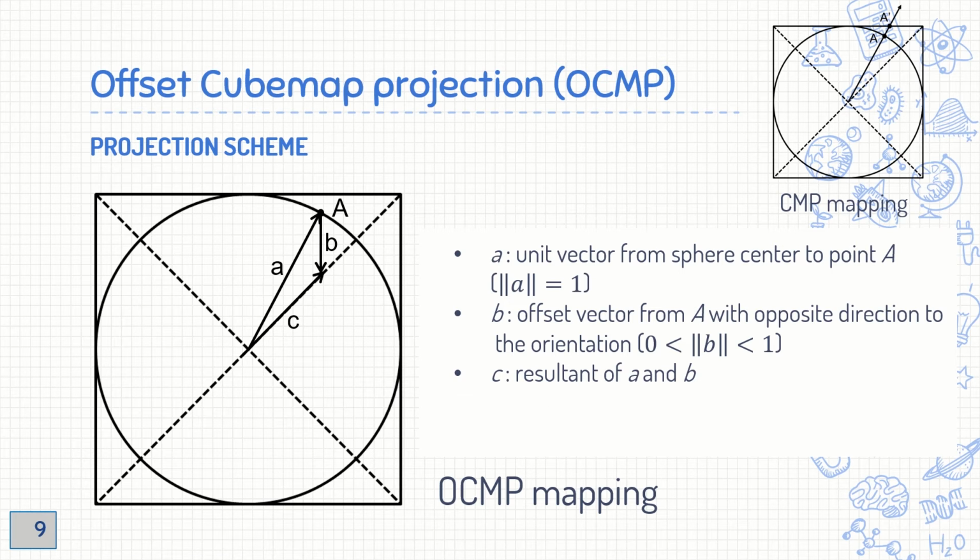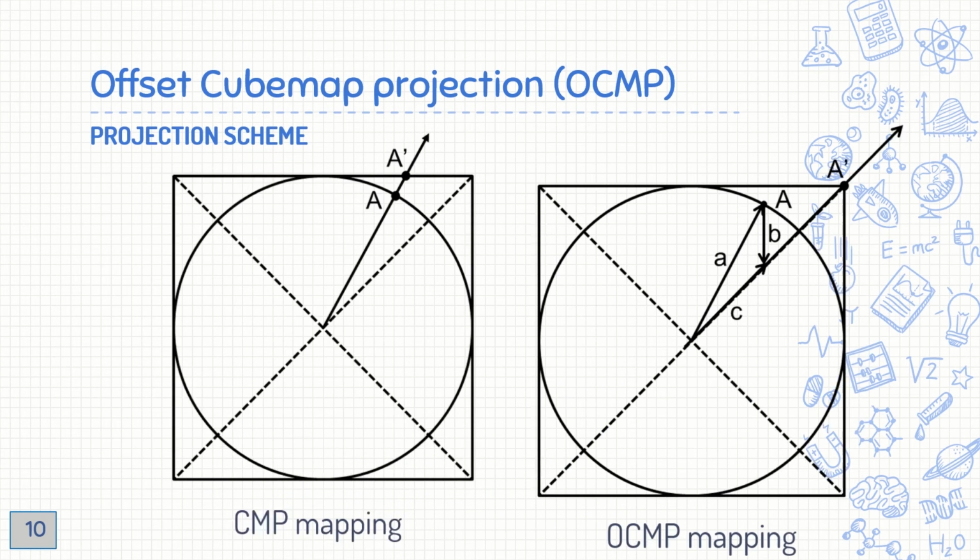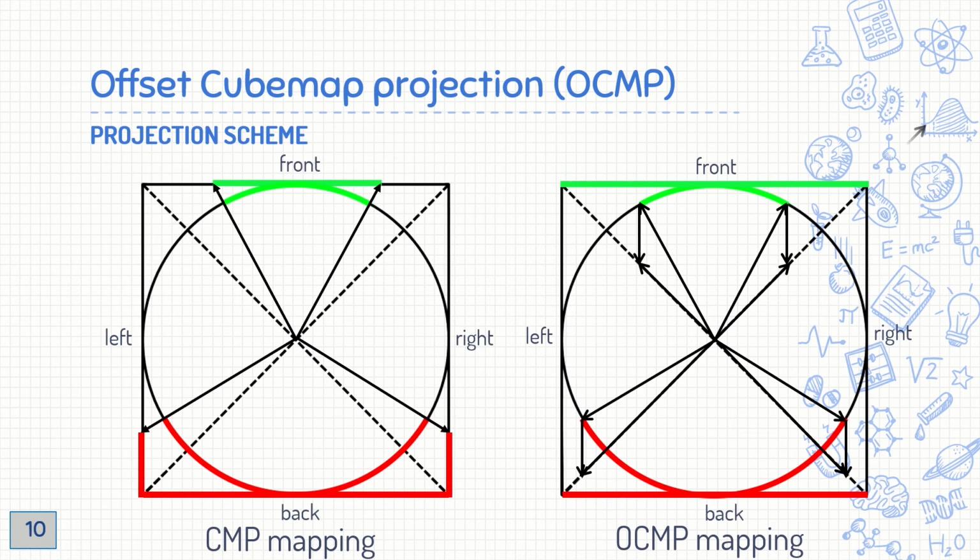C is the resultant of the two vectors A and B. The intersection between C and the cube is the image A prime on the cube. By applying this, the area which normally projected to a small area in CMP now is projected to the whole face of the cube in OCMP.